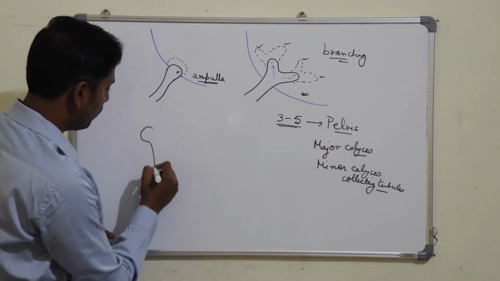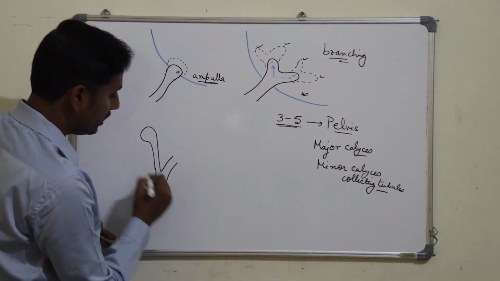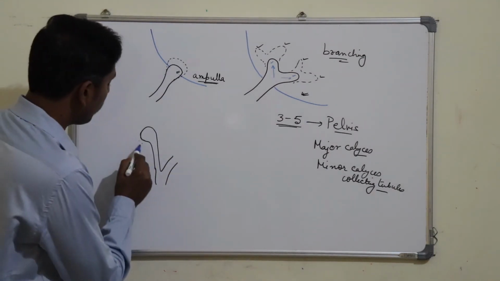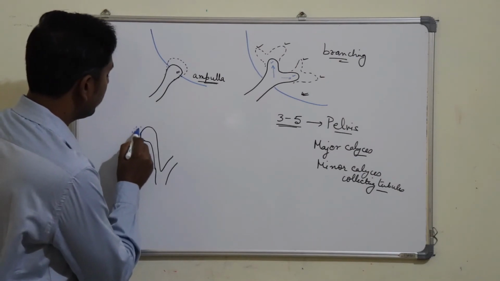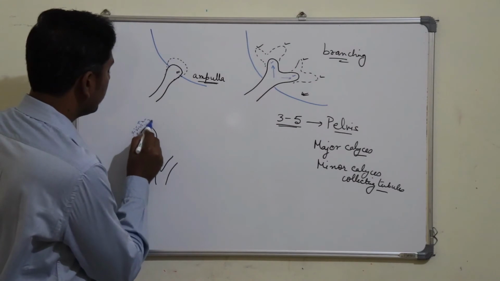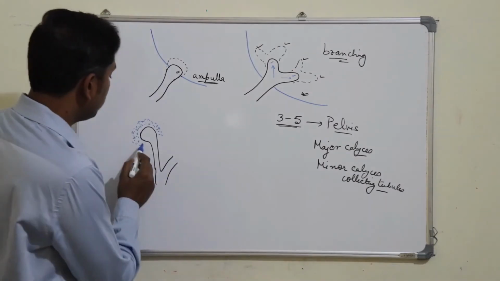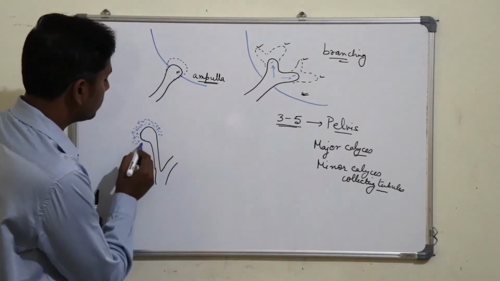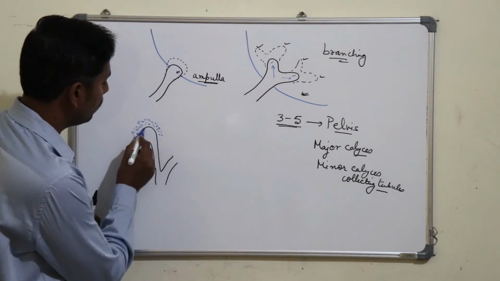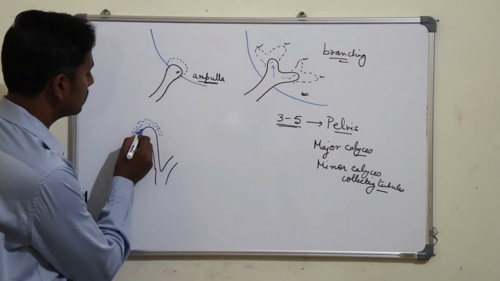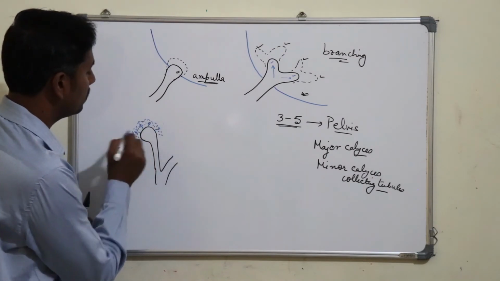So if this is the ampulla, these are the divisions of the ureteric bud, and the portion of the metanephros which is surrounding the growing tip of the ureteric bud will get differentiated and will form the nephron. This differentiation of the metanephros is under the influence of the ampulla, or the growing tip of the ureteric bud. This will influence the metanephros to form the nephron.